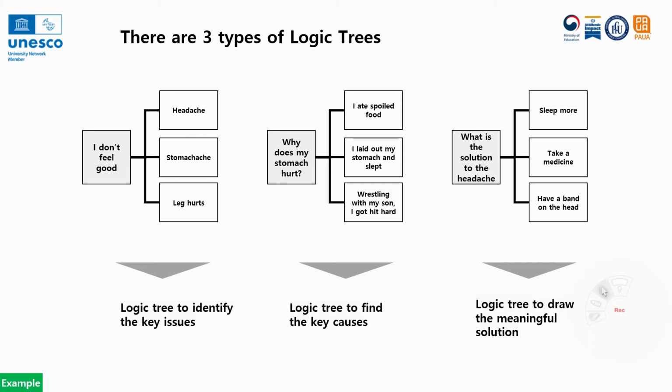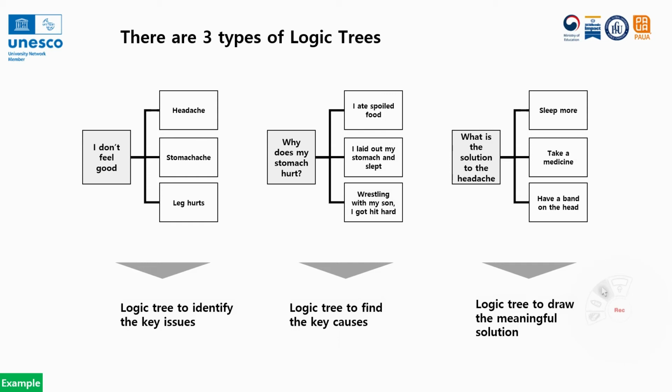And at this stage, you may have a question about MECE on this logic tree. I emphasized that when disaggregating the problem into issues, you have to do it in accordance with the MECE rule. What is MECE? Mutually exclusive and collectively exhaustive. Headache, stomach, leg hurts are mutually exclusive of each other, right?